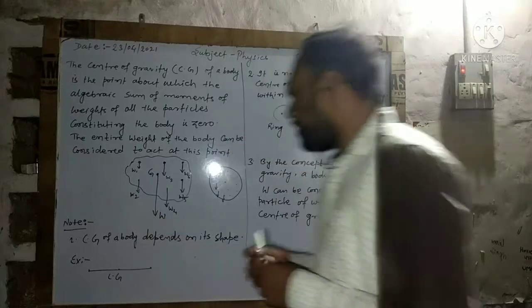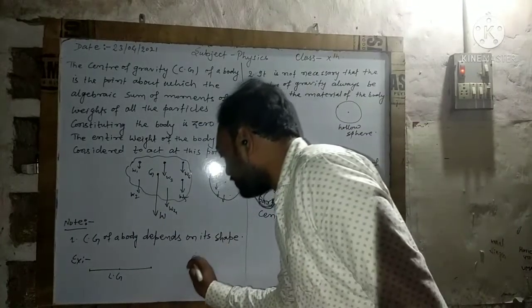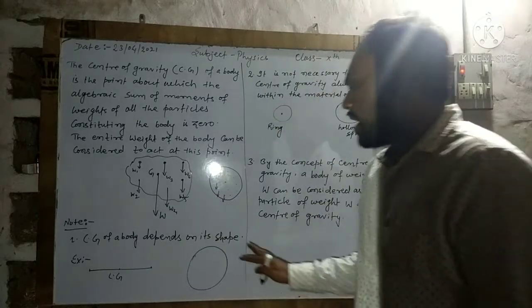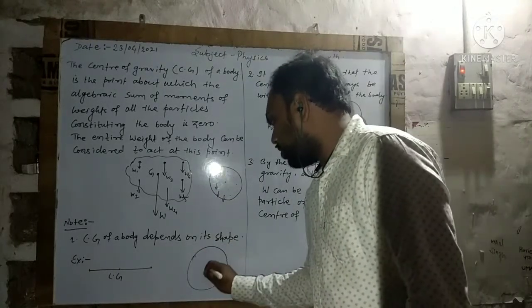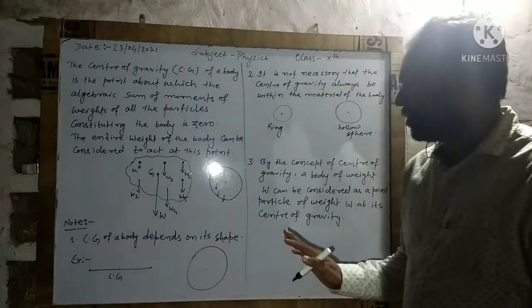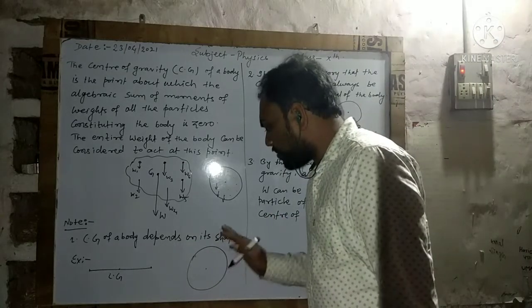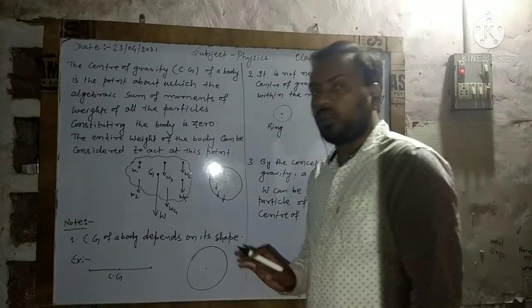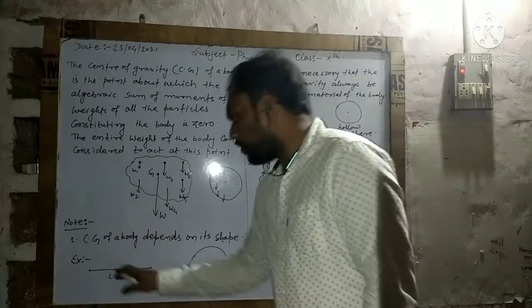If I make a circle using the same wire of the same length, a ring, the center of gravity of this ring will be the center of the circle, not the midpoint of the wire.